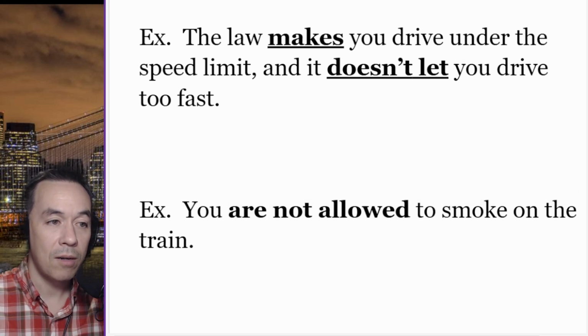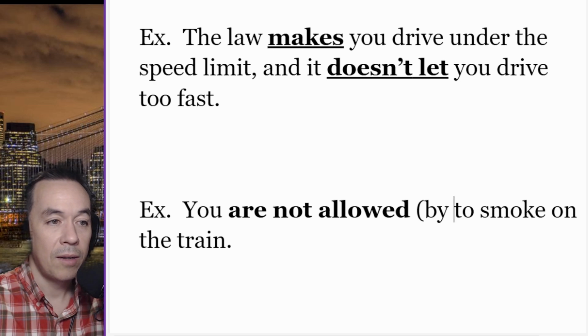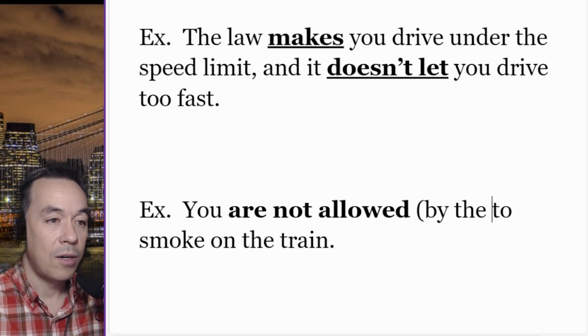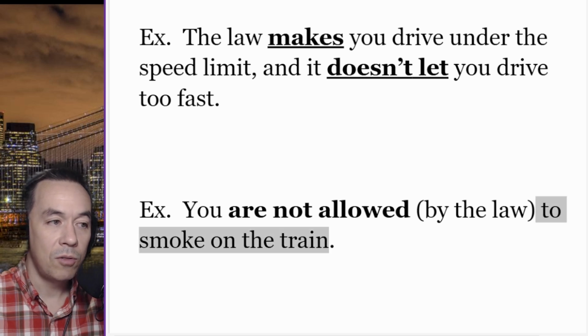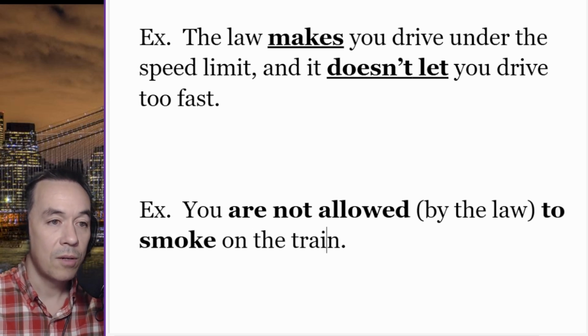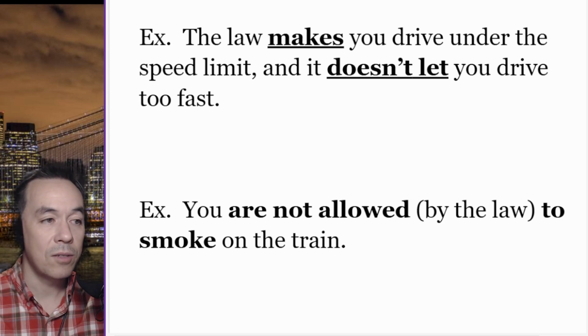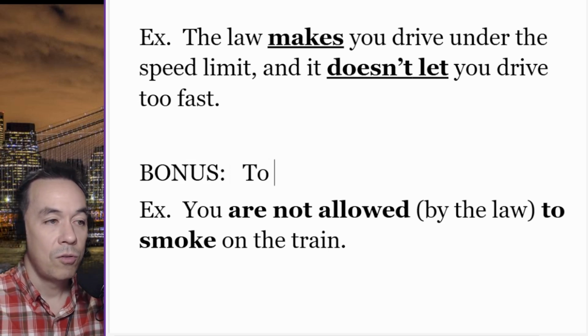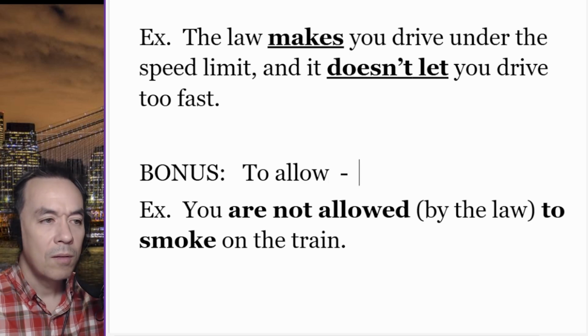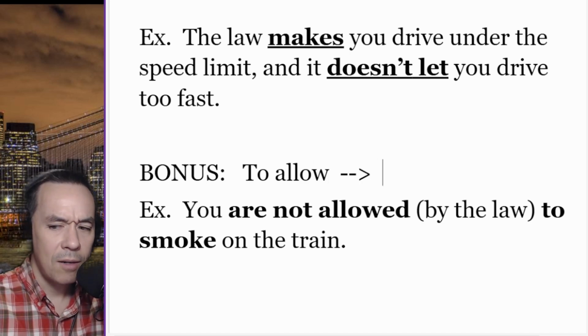So you are not allowed, by the law. But let's say we don't have to say that. And then you need another verb, to smoke on the train. So this is actually a bonus topic. To allow, I'm going to explain.